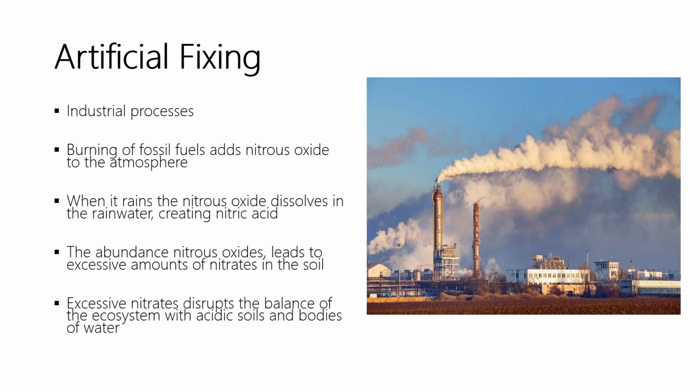Then the abundance of nitrous oxide leads to excessive amounts of nitrates in the soil. The excessiveness is what throws off the ecosystem. It disrupts the balance of how much nitrate is being created in the soil. This creates very acidic soils, which declines the health of plants and bodies of water.